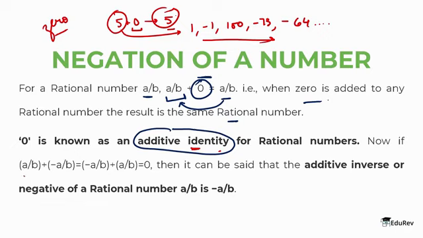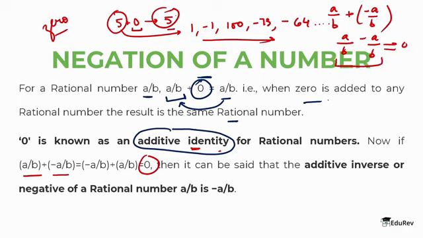Now if a by b plus minus a by b is added, we will get 0. How? a by b plus negative of a by b is basically a by b minus a by b. And obviously this will be equal to 0.